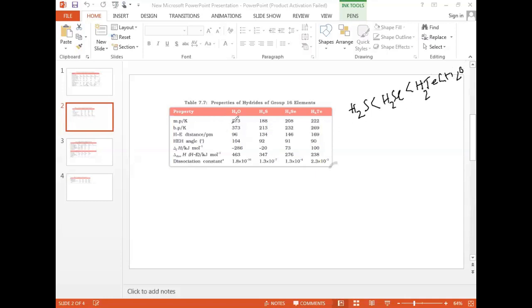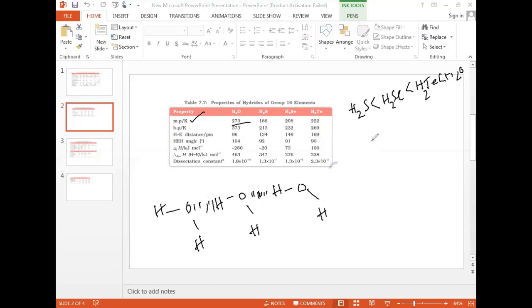In the case of H2O, we can see a higher boiling point because of intermolecular hydrogen bonding, which we can show like this, happening between the molecules. Because of this, more energy is required to break the bonds. That is why we can expect higher melting points.